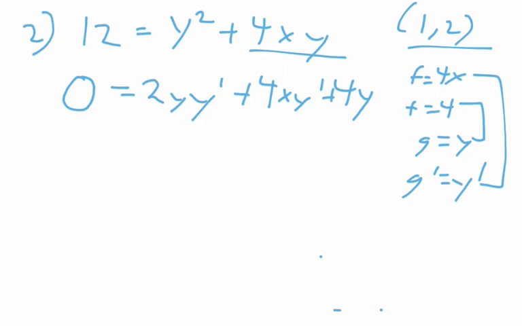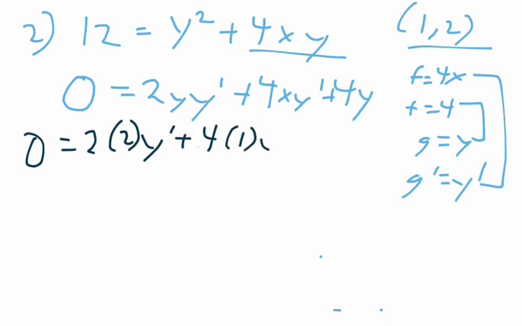Alright, at this point in time I can just plug in the numbers. So anywhere I see a y I can put a 2, and anywhere I see an x I can put a 1. That's still a plus sign. 4 times 1 times y prime plus 4 times 2.